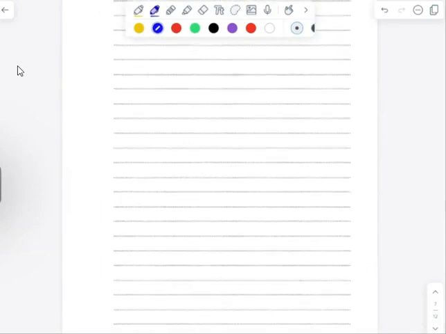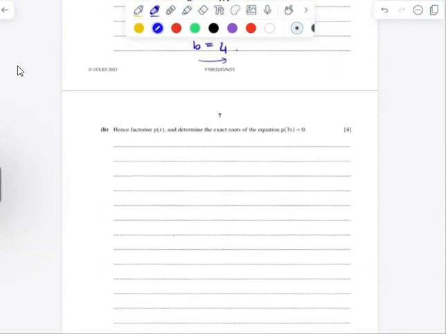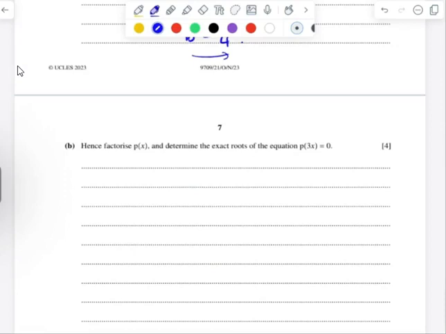All right, next question, which is connected to this one. So hence, okay, hence means we need to use whatever we did in the above question. Hence, factorize p and determine the exact roots of the equation. And what they're going to do now is they're going to plug 3x into x.